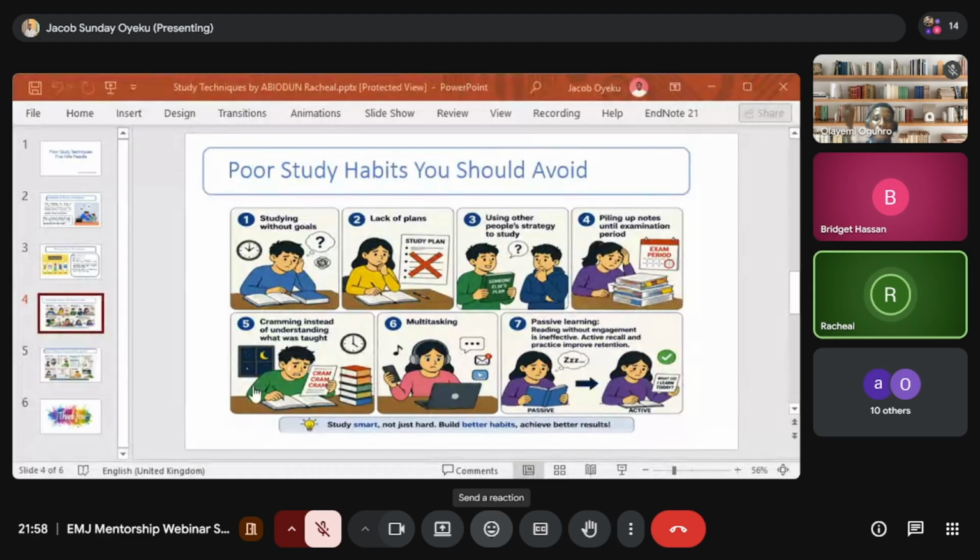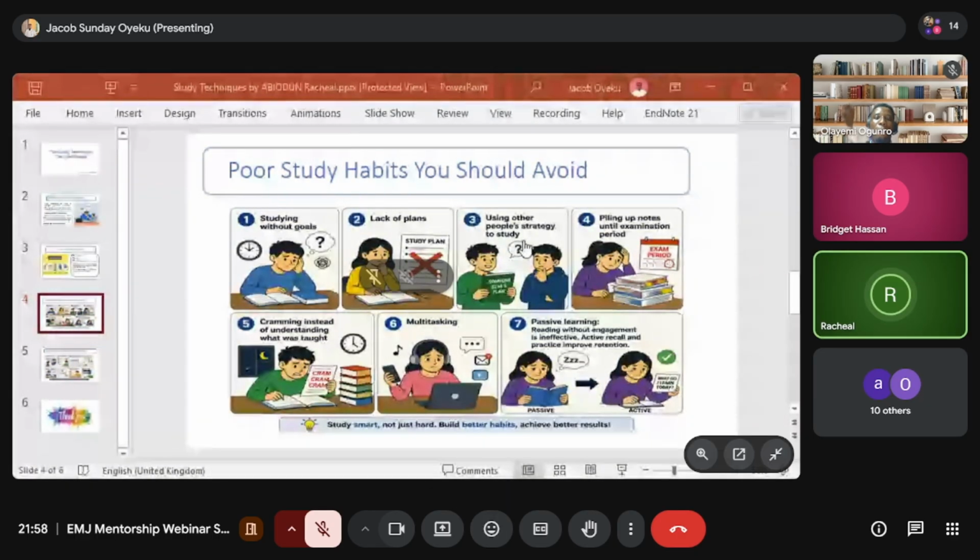And cramming instead of understanding. By the time you read, watch YouTube, meet people that understand it better, it will help you. Please avoid cramming. Also multitasking. You are reading, you are chatting, you are watching video, you are listening to music. No, it will not help your study. And also passive learning. Reading without engagement is also a very poor habit.